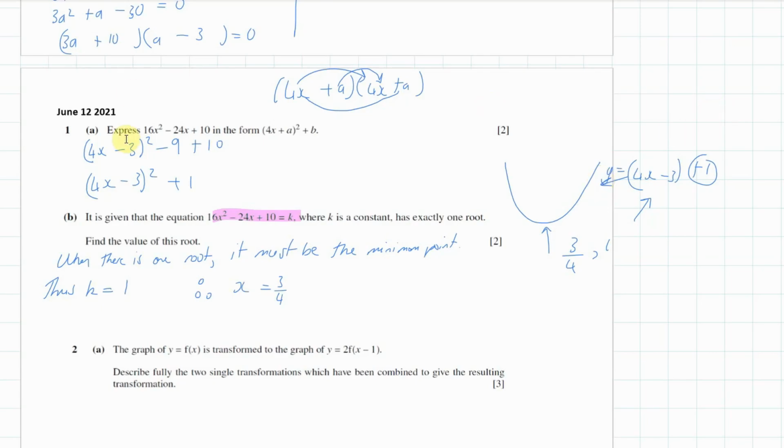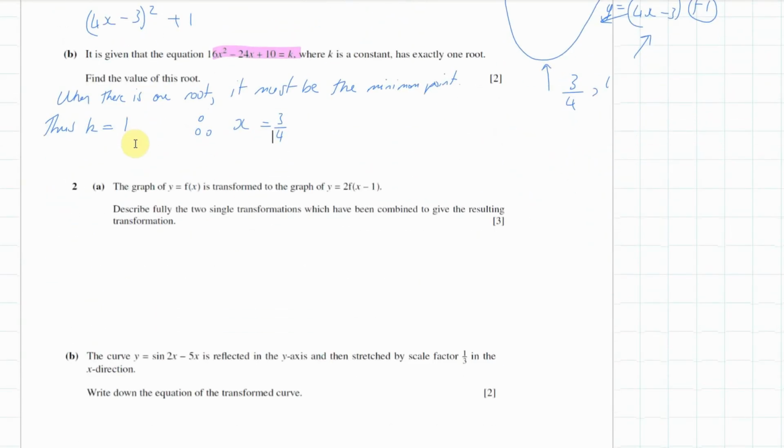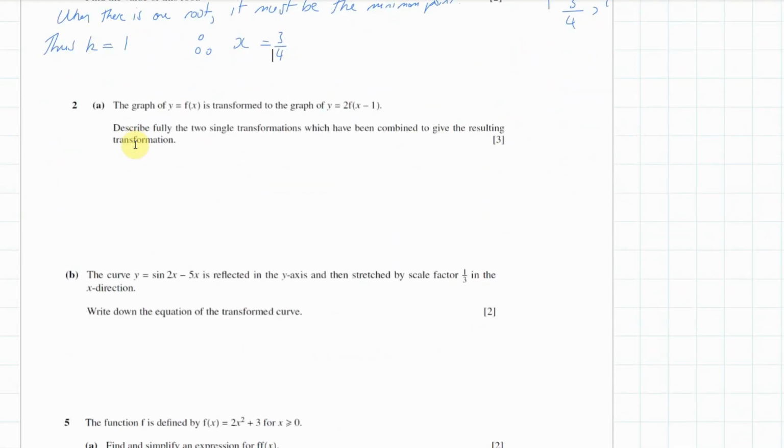Now, the next one, we're taking a graph and we're transforming it in this particular way. So here's our original, and we've got to describe fully the transformations. Let's start off with this bit here, and this is a translation of (1, 0) in the positive horizontal direction.